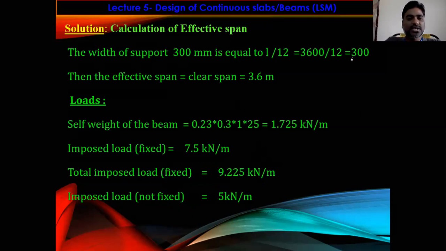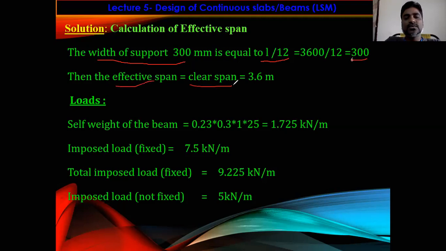Here the width of the support is 300 mm, and 1/12 of the clear span becomes 300 mm. That means it is greater than or equal to L by 12 of the clear span. So in this case, the effective span as per IS 456-2000 is equal to the clear span. Therefore, the effective span becomes 3.6 meters.